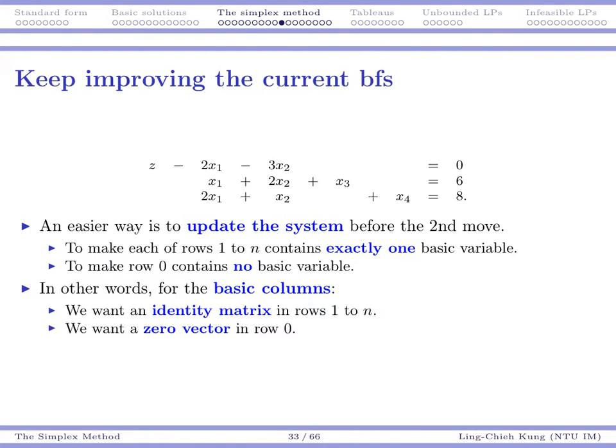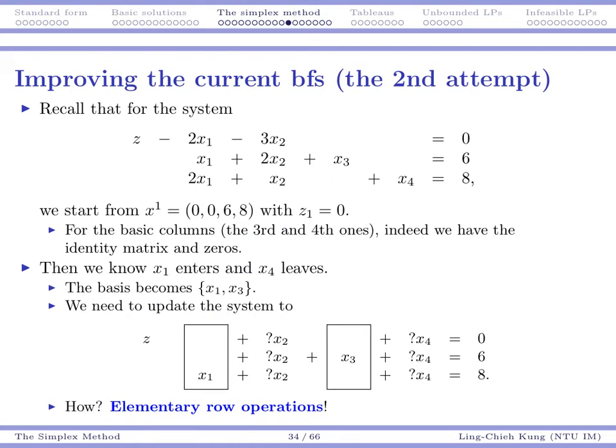So in other words, for those basic columns, which are columns corresponding to basic variables, we want an identity matrix in row 1 to row n, because in each row we want to have exactly one basic variable, and we want a zero vector in row 0. Okay, so recall our linear system here. This is the original one.